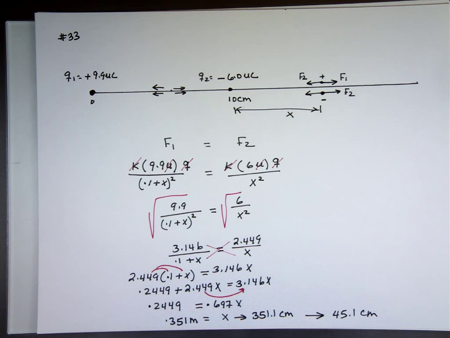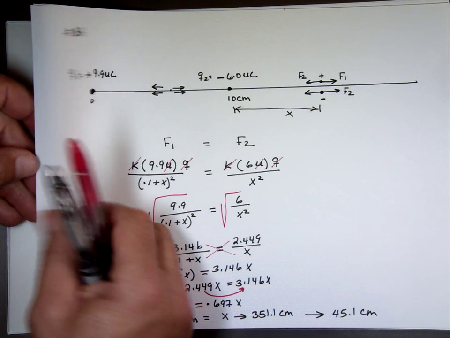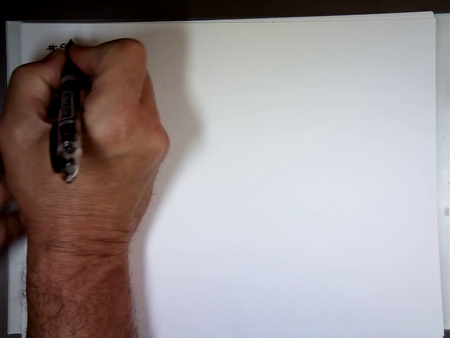And this is the last question, number 50 from this section. We have an equilateral triangle. What does that mean, equilateral triangle?